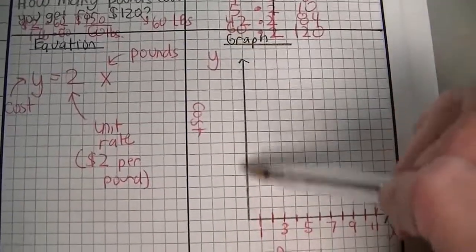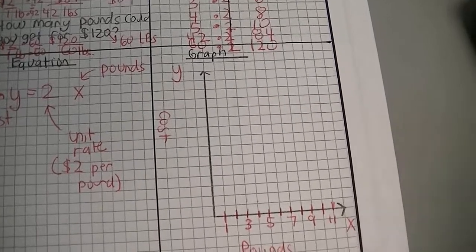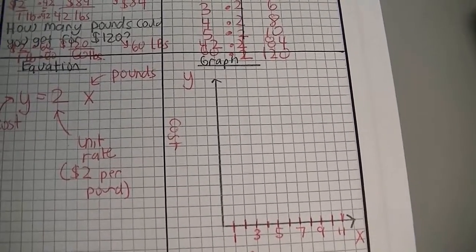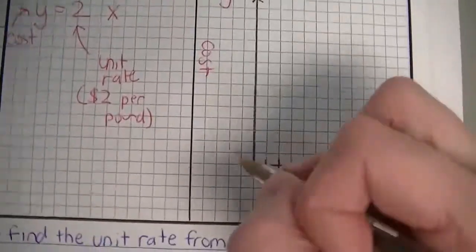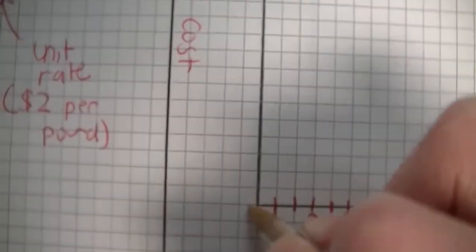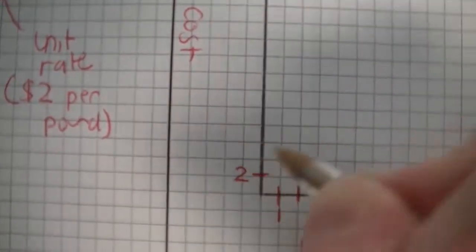And for the y-axis, when you're graphing a proportional relationship, it's a pretty good idea to jump by your unit rate just because it would make things easier, but you don't have to. My unit rate's 2. So this little first notch right there is 0. This right here would be 2.